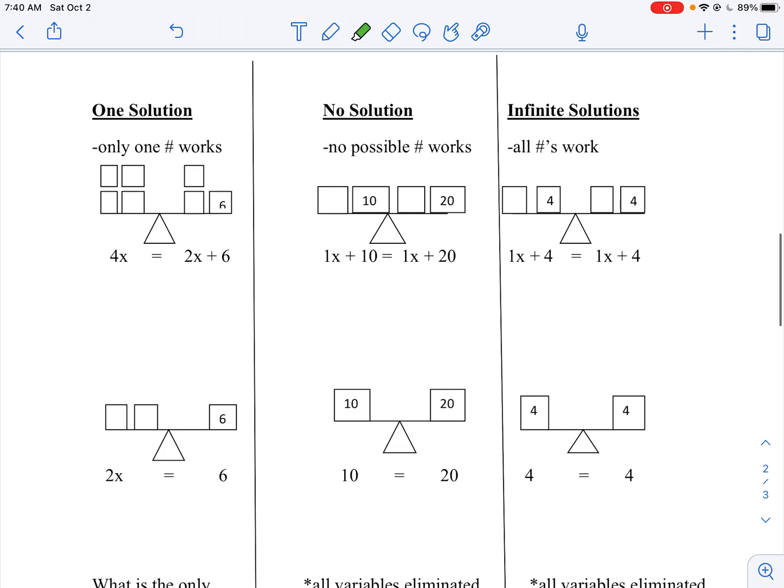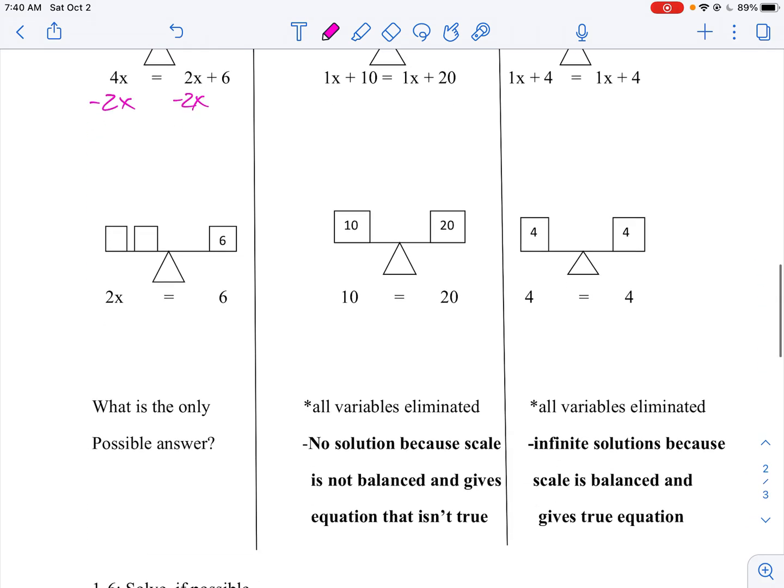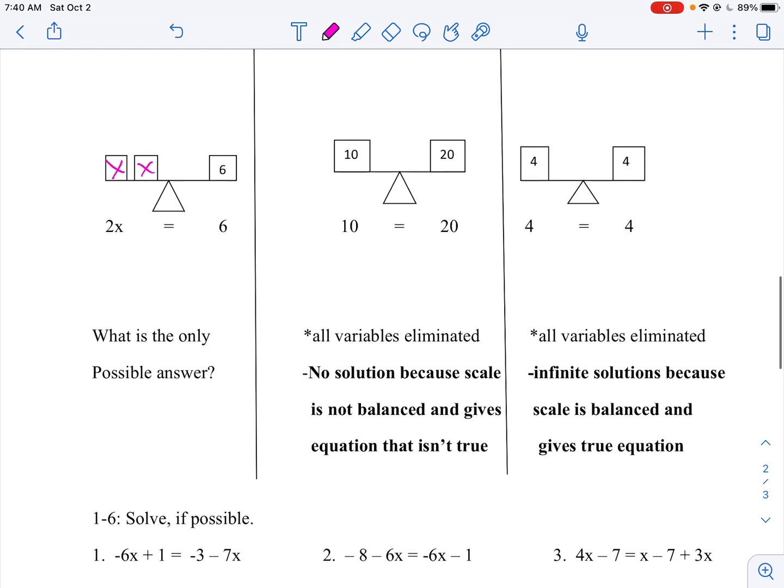So let's look at this. Pretend like these are X's. So I have 4 X's on the left side, 2 X's on the right side. If I was to eliminate those X's, so eliminate 2 on each side, that's the same thing as subtracting 2x from both sides. I would be left with 2x equals 6.